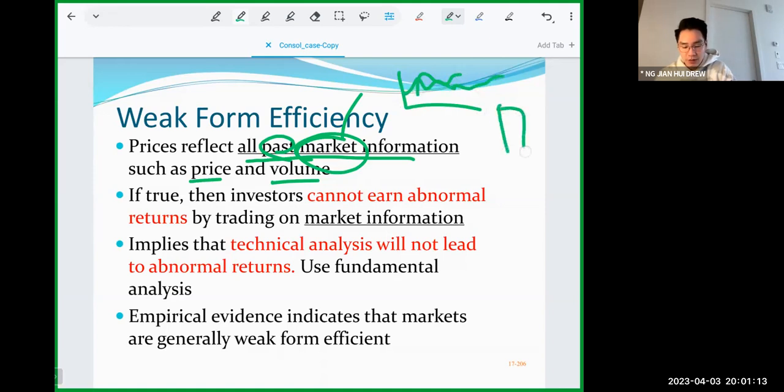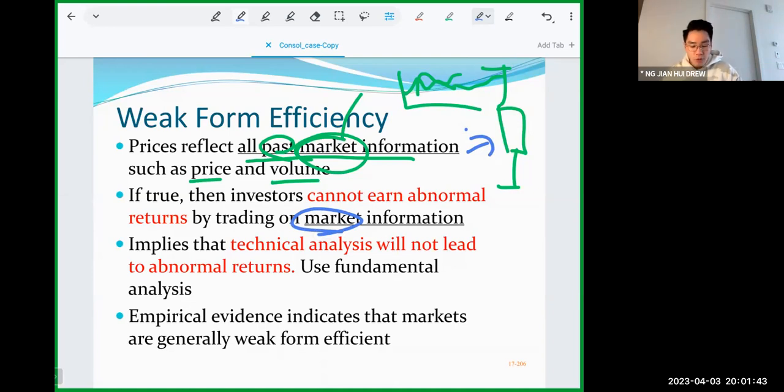They might use this kind of chart, the candlestick chart. So all these are price and volume information. What the weak form efficient market says is that as an investor, if you just use all these charts, you should not be able to earn abnormal returns, right? Simply based on trading information of the market.